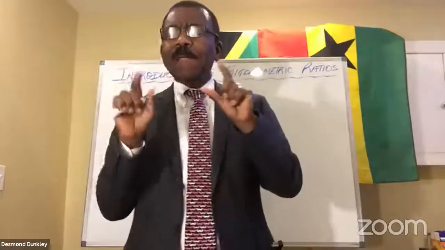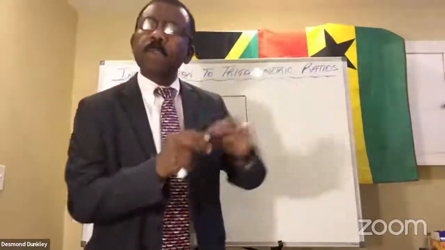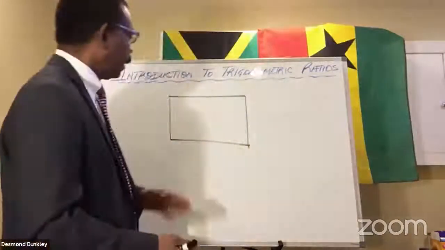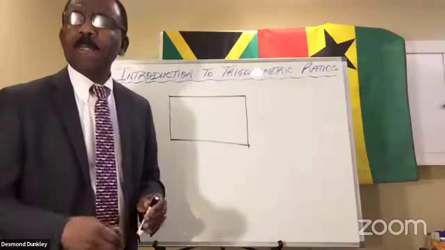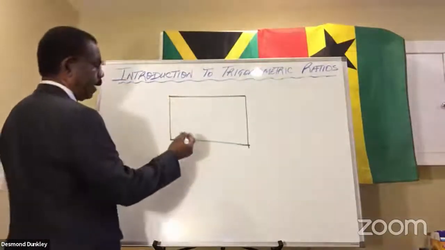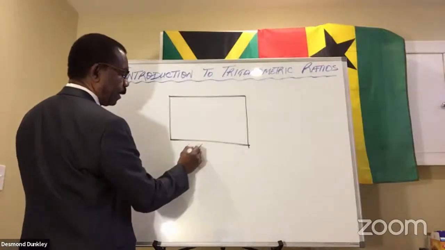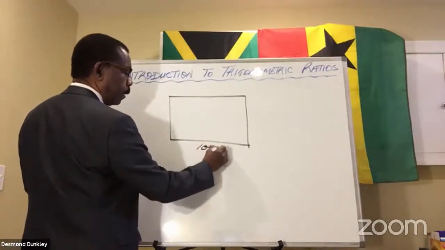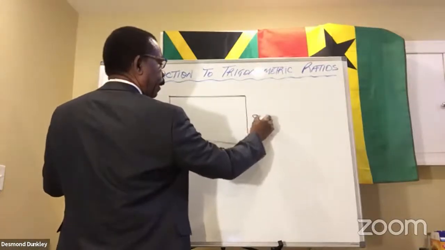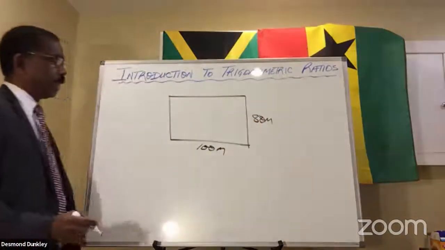But I just want to take a little trek back into how we have grown. If this was, say, for example, a soccer field, and this was, say, let's say 100 meters, and this was, say, 80 meters.